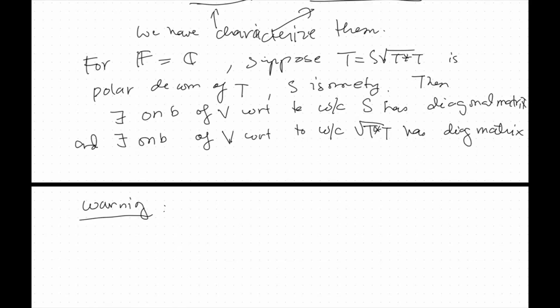In other words, S and the square root of T star T may require different orthonormal bases so that they will be expressed as diagonal matrices.